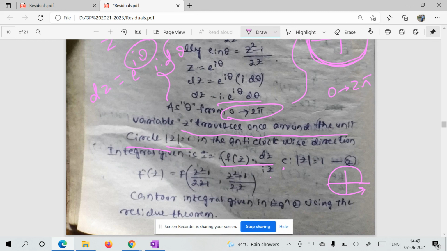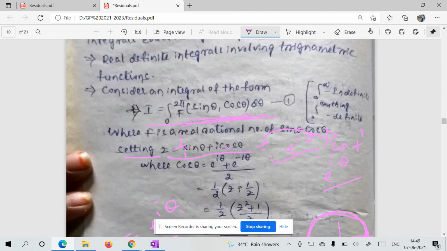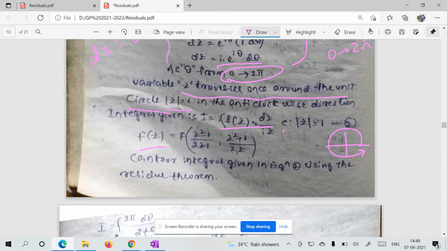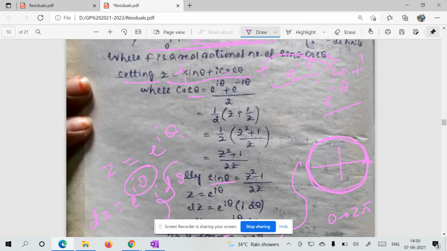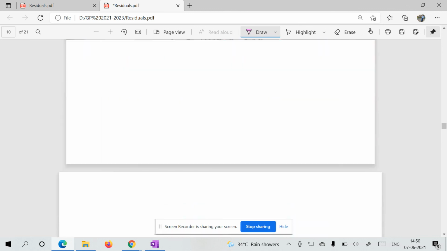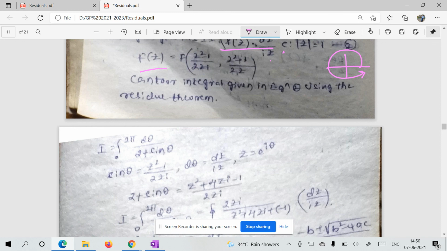So the function f(z) equals, see here, the function first given is in sin theta and cos theta, and in place of sin theta and cos theta these values are substituted. Then the contour integral given in equation 2 is evaluated using the residues theorem.